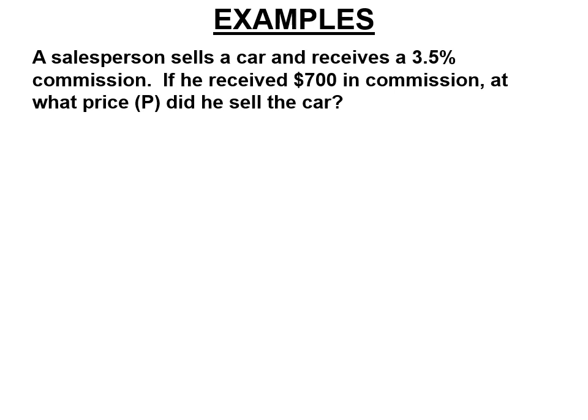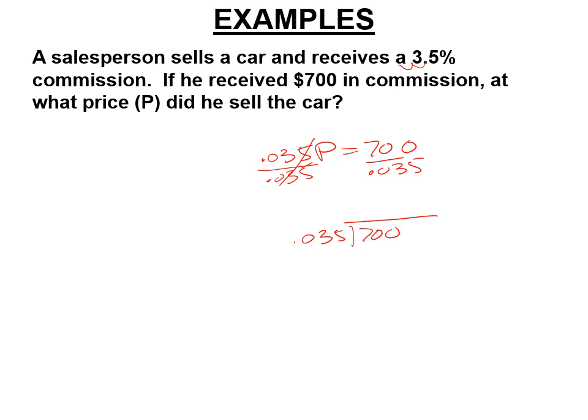A salesman sells a car and receives a 3.5% commission. If he receives $700 in commission, at what price did he sell the car? So 3.5% is 0.035 times the price was a $700 commission. Divide both sides by 0.035. We're going to move the decimal 3 times here. So let's just show that, because we're going to have a lot of zeros, right? 1, 2, 3 to make this 35.